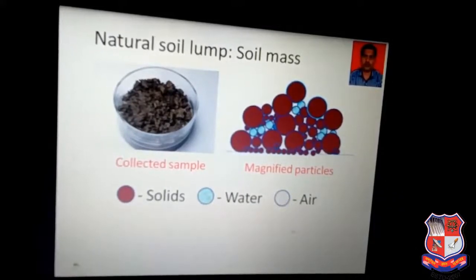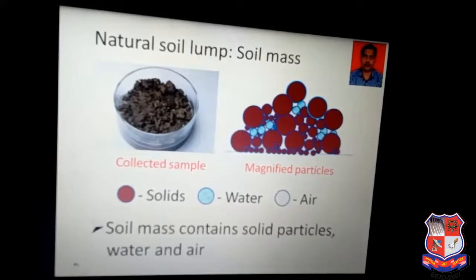So you can see here that in a soil lump all 3 phases of material are present: the solid particles, the liquid water, and the air as a gas. So solid, liquid and gas, all 3 are present in a soil lump.